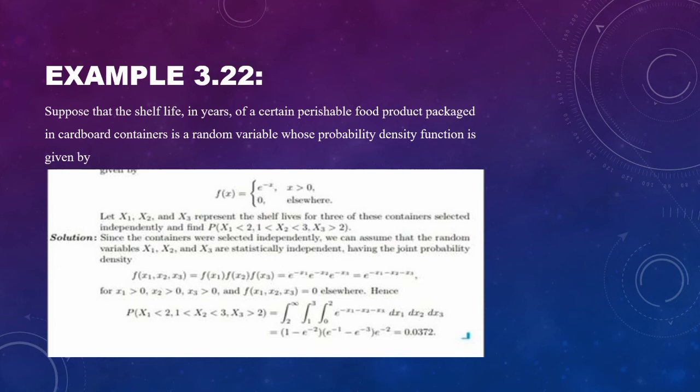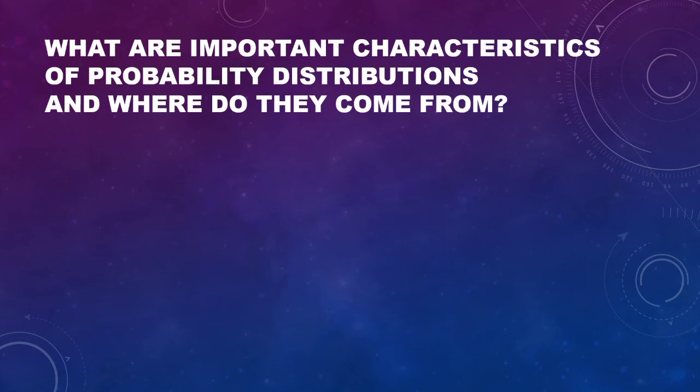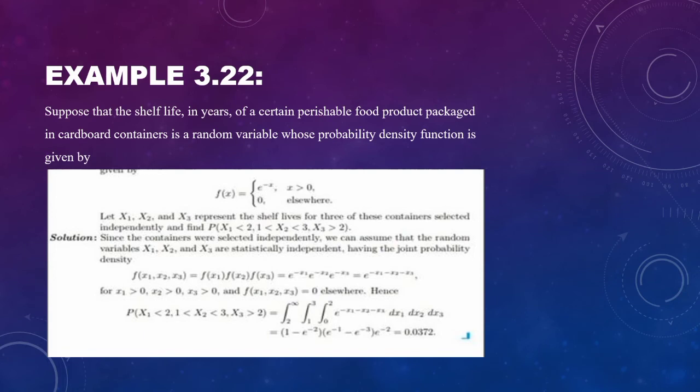And since they have the same constant e, it is equal to e to the negative of x sub 1 plus x sub 2 plus x sub 3, for x sub 1 greater than 0, x sub 2 greater than 0, x sub 3 greater than 0, and f of x sub 1, x sub 2, x sub 3 is equal to 0 elsewhere.